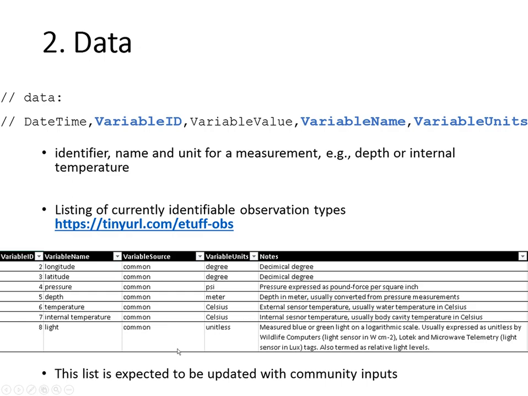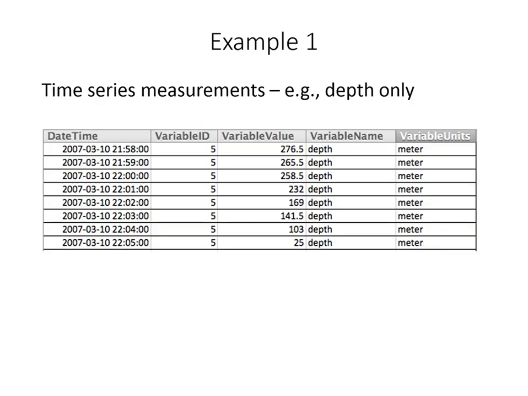So it's a pretty long listing, but it provides a starting point for us, as a community, to work along, especially as new sensors come into availability for users to use. We can expand this list and we can still keep using the eTUFF format. So hopefully we'll enlist more support from the community to help develop this master list.